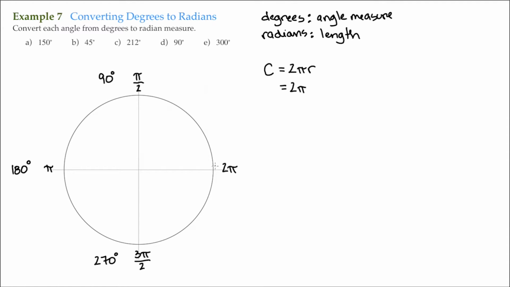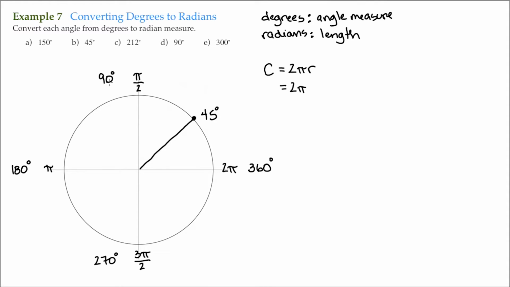And then all the way around, this becomes 360 degrees. So now we know that there's a relationship between the angle measure in a unit circle and its arc length. Half of 90 degrees, we know from our special right triangles, is going to be 45 degrees.